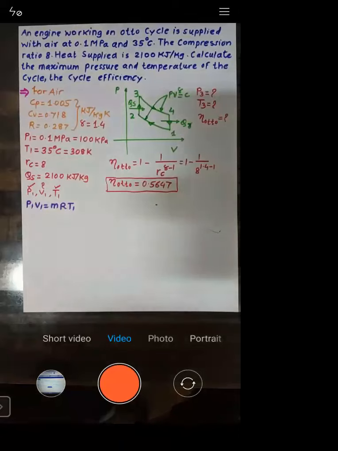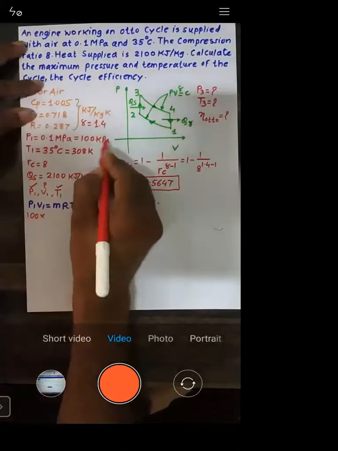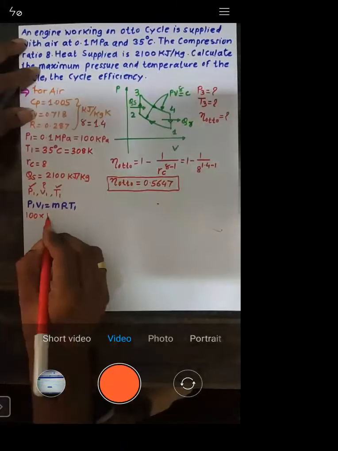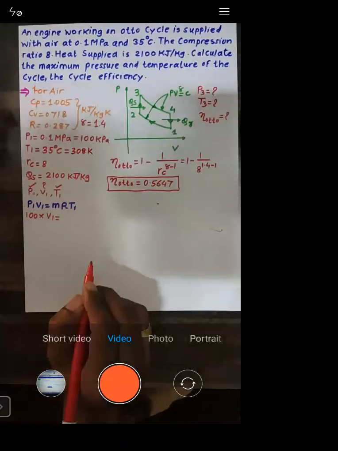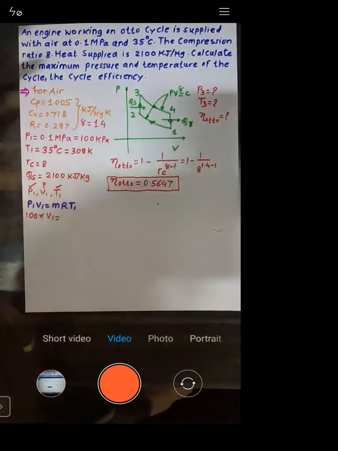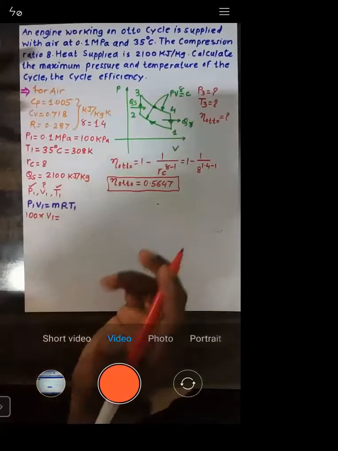So the value of P1, what is the value of P1 they have given in the problem? The value of P1 is 100 kilopascal. V1 I am supposed to calculate, and the mass is needed. But V1 is not known, and mass is again not known.